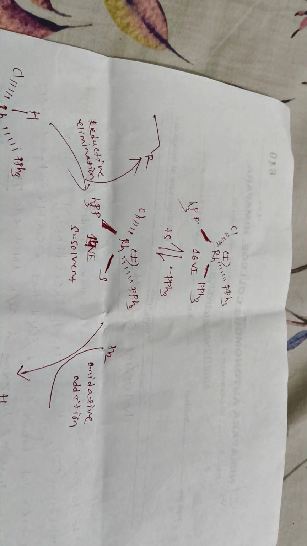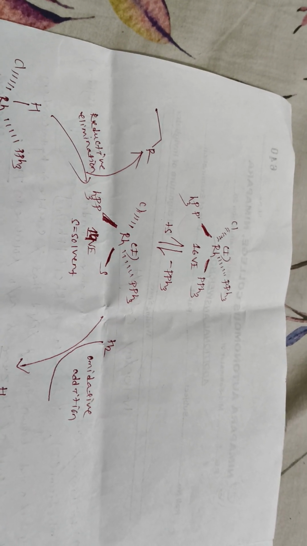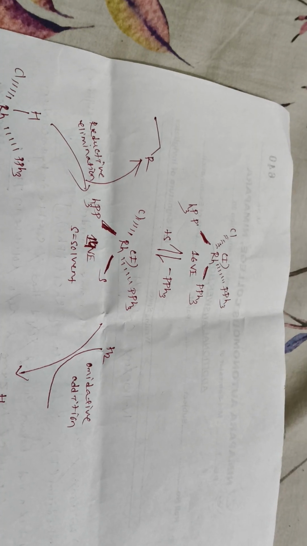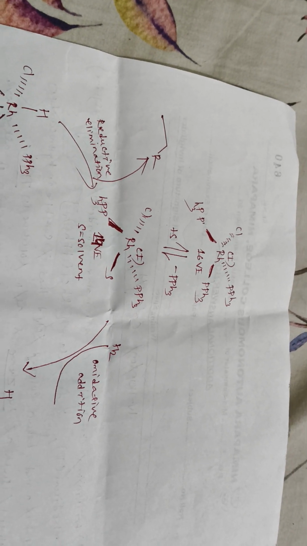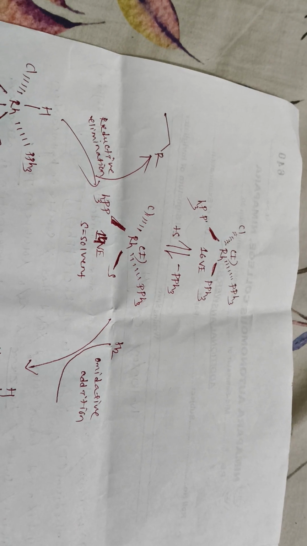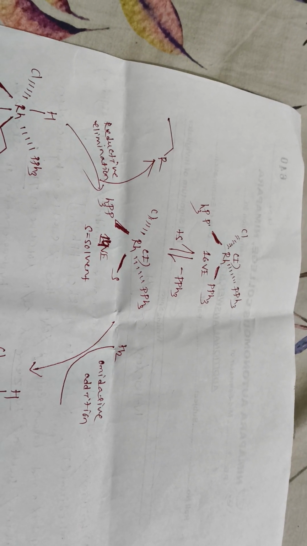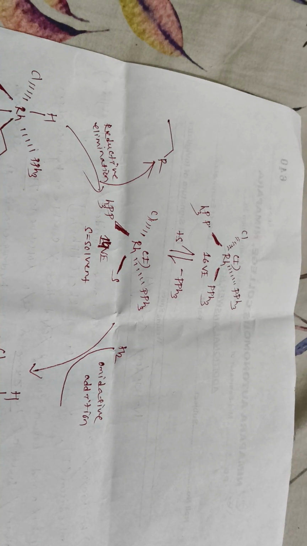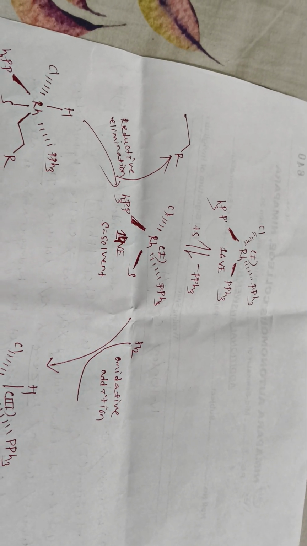When you add the substrate, one of the phosphine ligands is dissociated and the substrate is attached, and it converts from a 16-electron to a 14-electron complex. This 14-electron complex is attached to the solvent and is generally highly reactive in nature, and it undergoes an addition reaction, that is, oxidative addition with hydrogen.